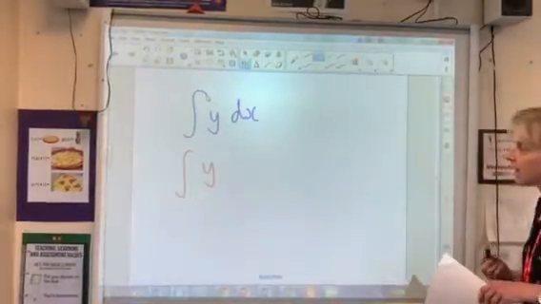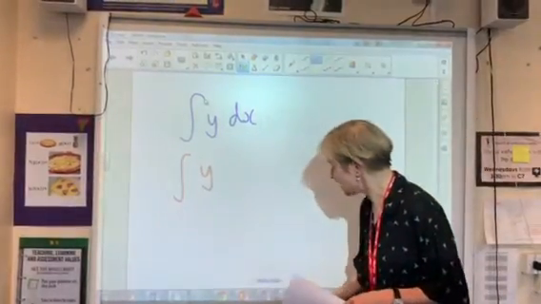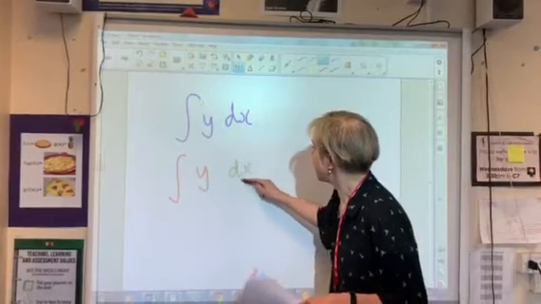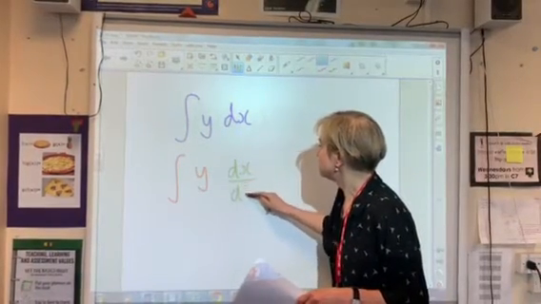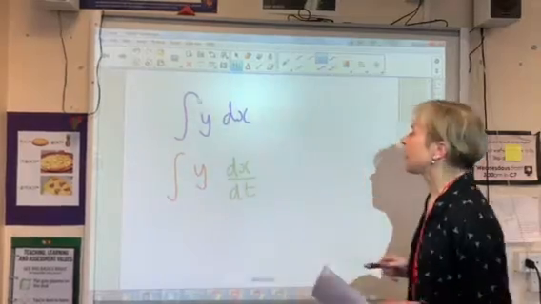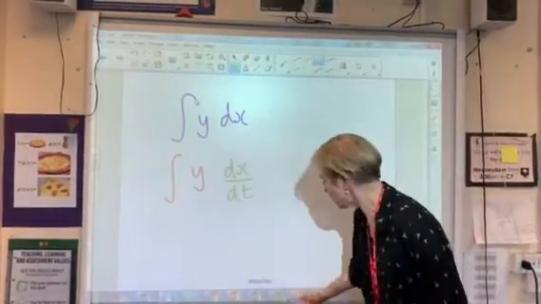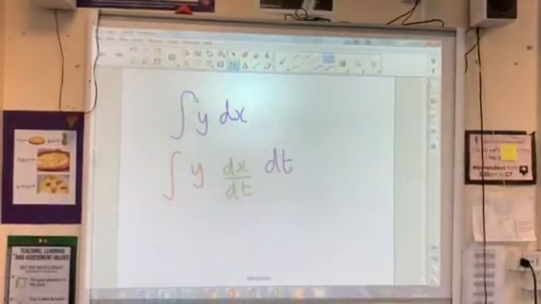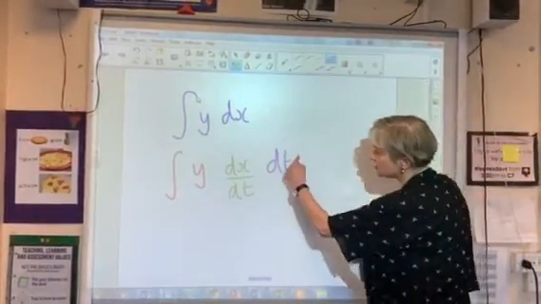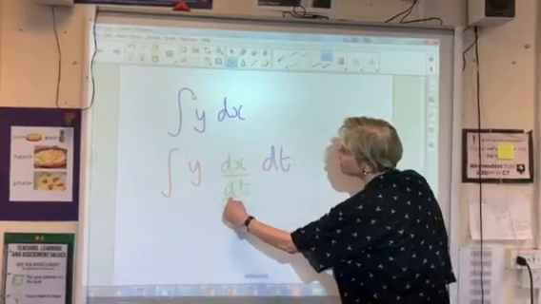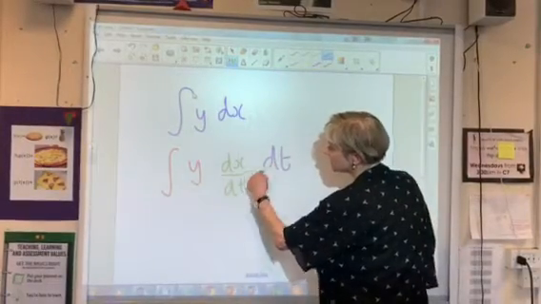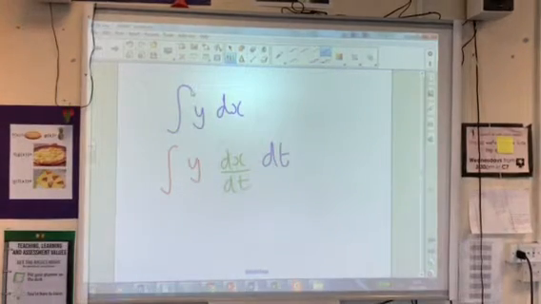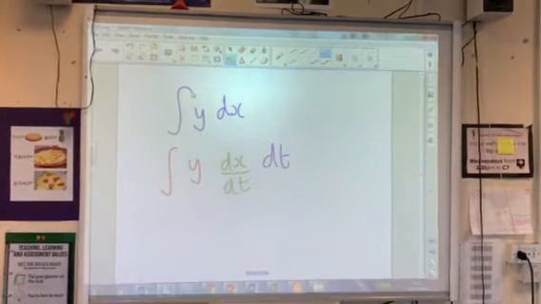You're still going to have y there, but instead dx is going to be written as dx/dt, and then you're going to multiply by dt. So you can see that in theory your dt's would be cancelling each other out in the way fractions work. So that's how we're going to do our parametric integration.